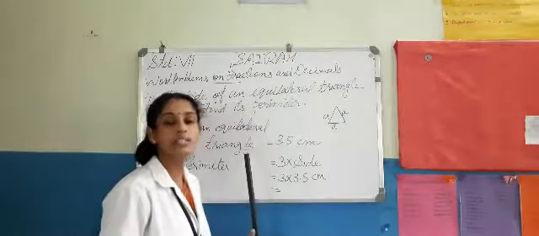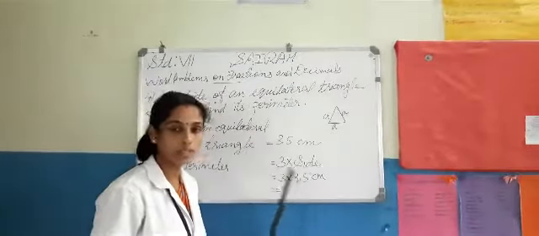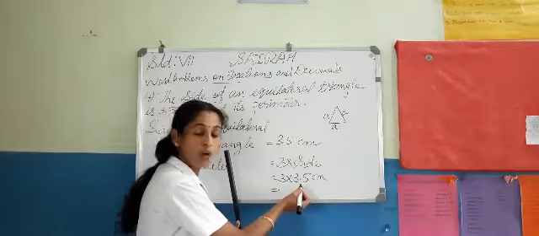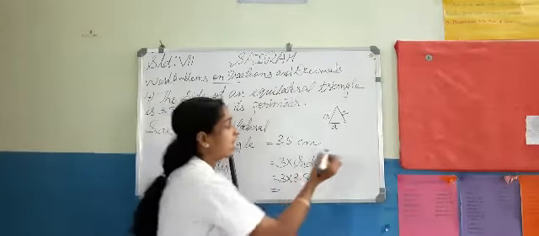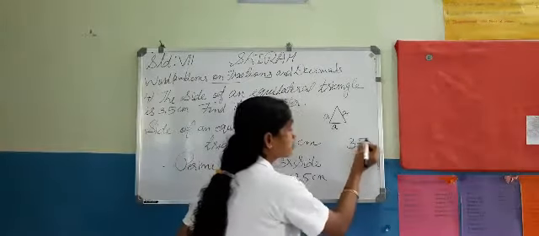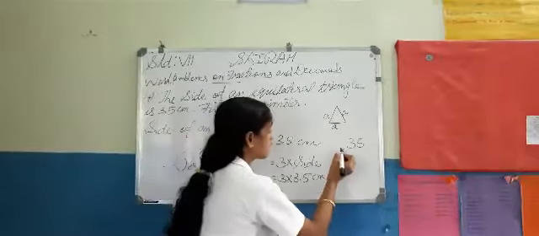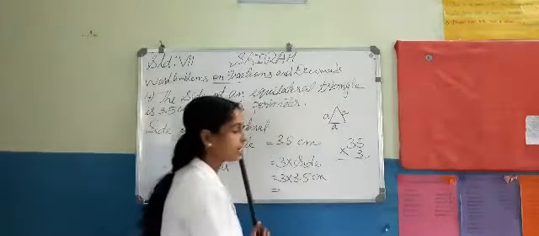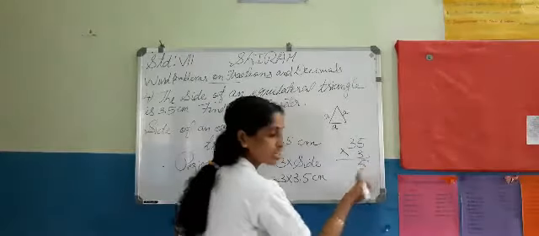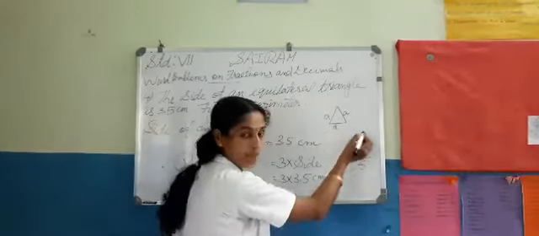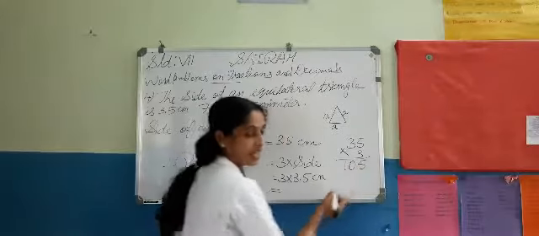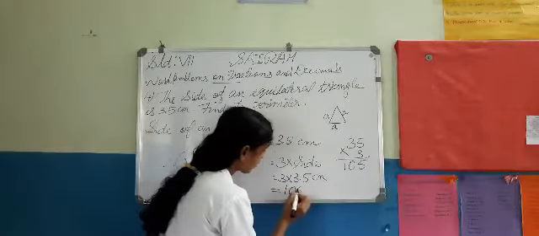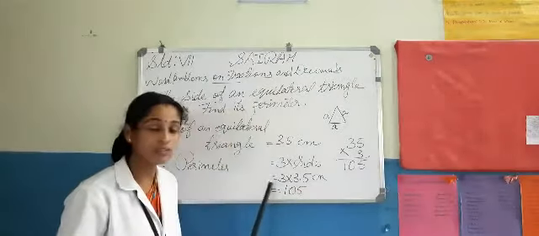We multiply the numbers. First of all, take 3.5 as a whole number, 35. Then multiply this number by 3. 5 3s are 15. 3 3s are 9 plus 1, 10. The product is 105.